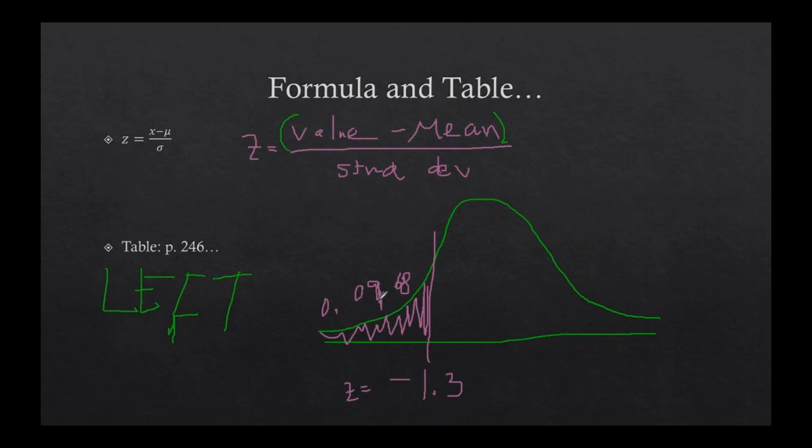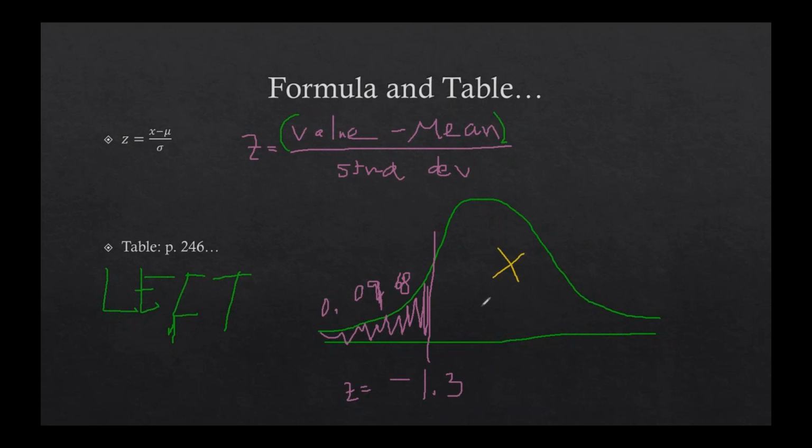Multiply by 100%. But think about this. If area to the left is 0.0968, how do I find area to the right? Right idea, Amber.